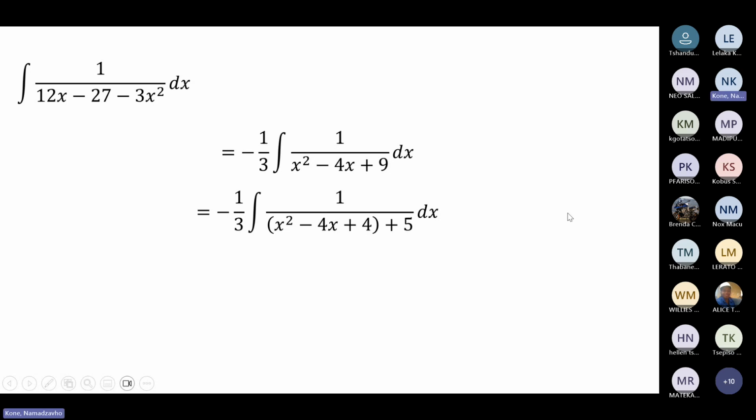Now, the next thing is to do that completion of the square. The minus 1 over 3 is outside. Then you isolate the 9. You put it outside. That's 9. And inside, you will be left with x squared minus 4x. Now, you need to add half the coefficient of x squared, or the square of half the coefficient of x. Coefficient of x is minus 4. Half of minus 4 is minus 2.